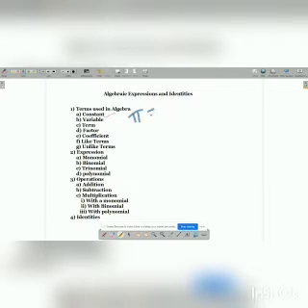The value of pi is 22 by 7, or you can write it as 3.14. Wherever you find this, you can say that the value of pi is 22 by 7 or 3.14. You can't change this. So this is constant.